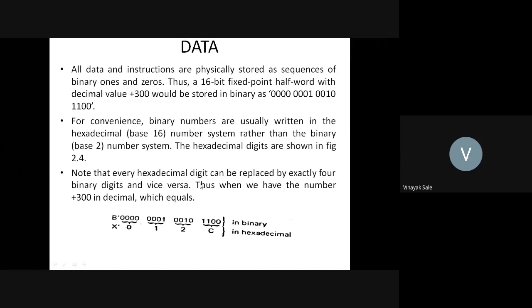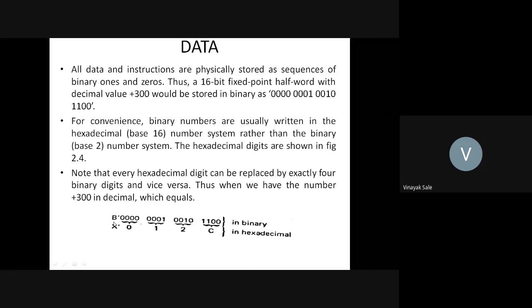You should know how to convert binary to hexadecimal. There is a combination of 4 bits from right to left, from the right side to the left side.